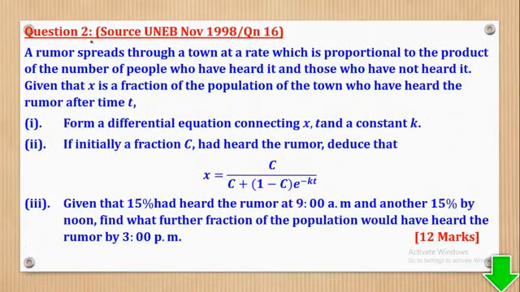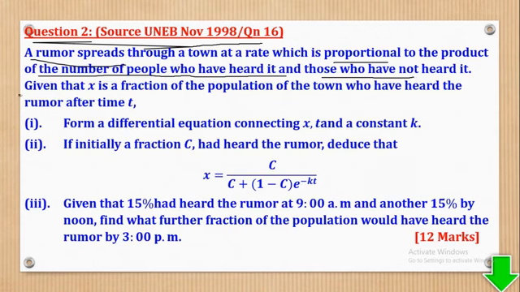So now we shall go to question 2, which came from UNEB, November 1998, paper 1, question 16, and says, a rumor spreads through a town at a rate which is proportional to the product of the number of people who have heard it and those who have not heard it.